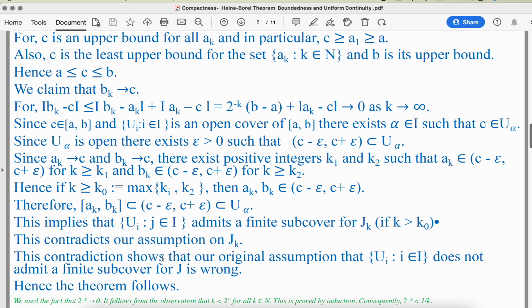This contradiction shows that our original assumption that the cover does not admit a finite subcover for J is wrong. It means it will admit a finite subcover. It means the closed interval AB, which we have denoted by J, is compact.